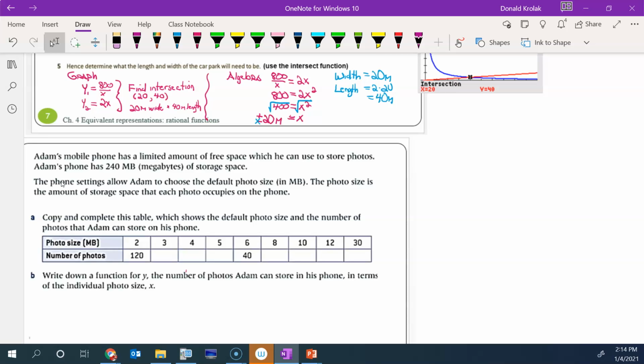Okay, so basically what this is telling you is if you take the size in megabytes and you multiply it by the number of photos, you can use up to 240 megabytes.